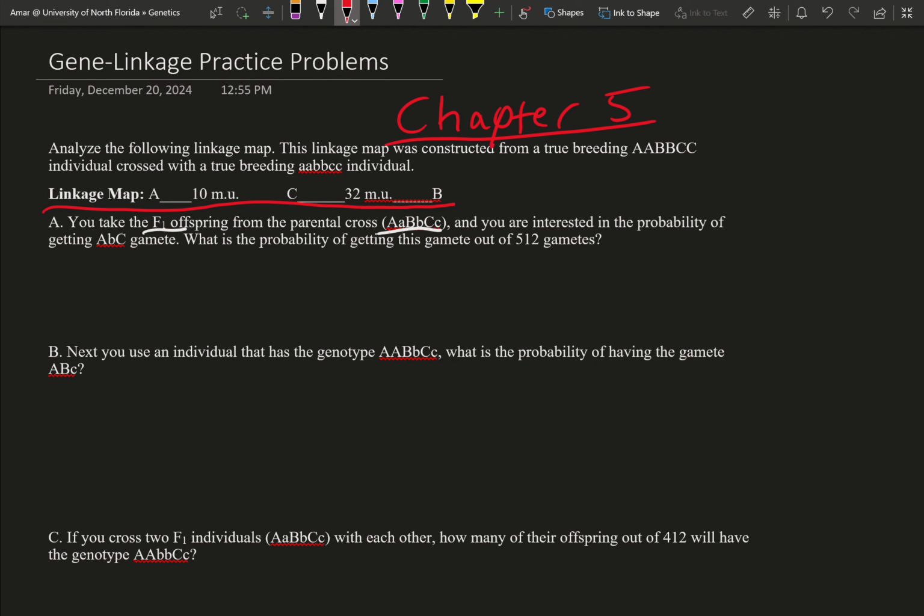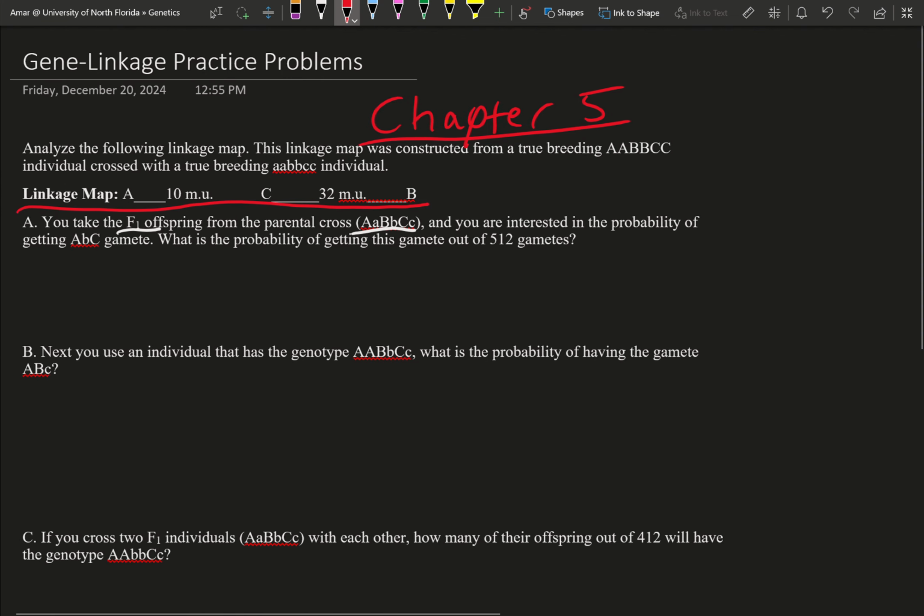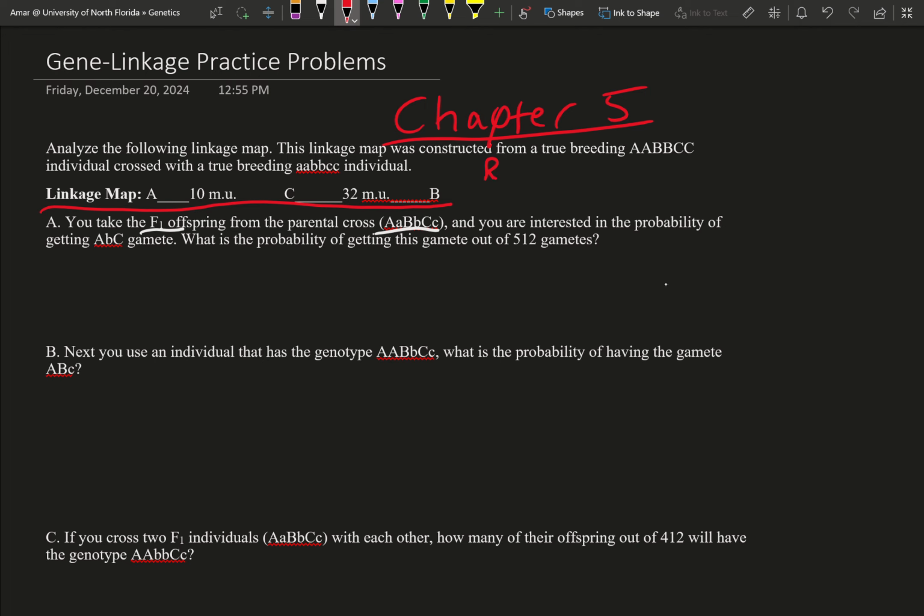Essentially, the recombination frequency between A and C is equal to 0.1, and the recombination frequency between C and B is equal to 0.32. The way I'm getting recombination frequency is just the map units divided by 100. The map units can be written as centimorgans as well. So that's basically how you get that.